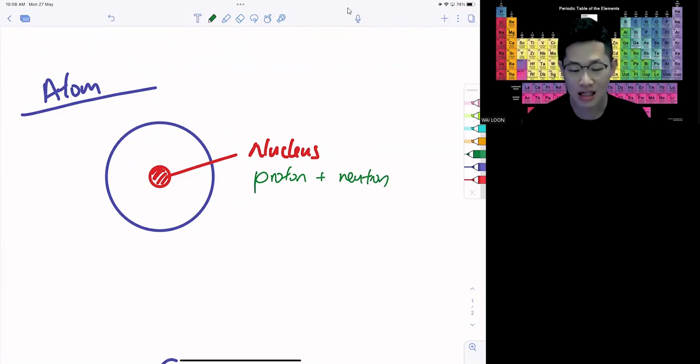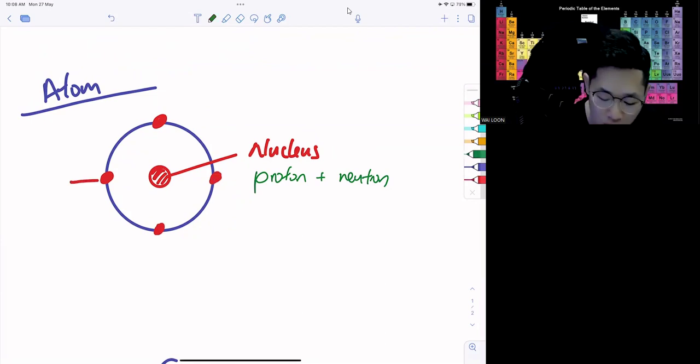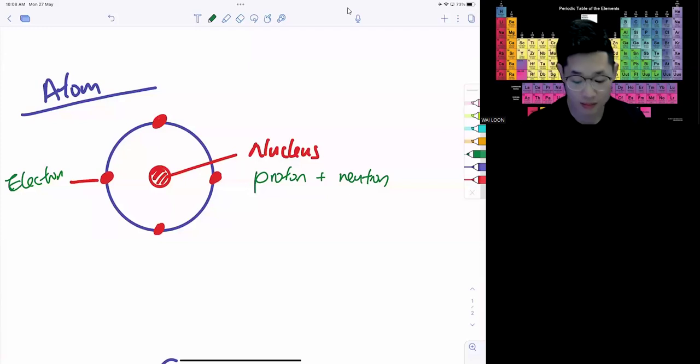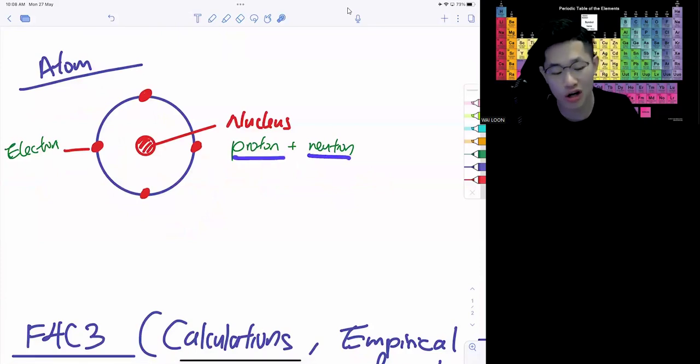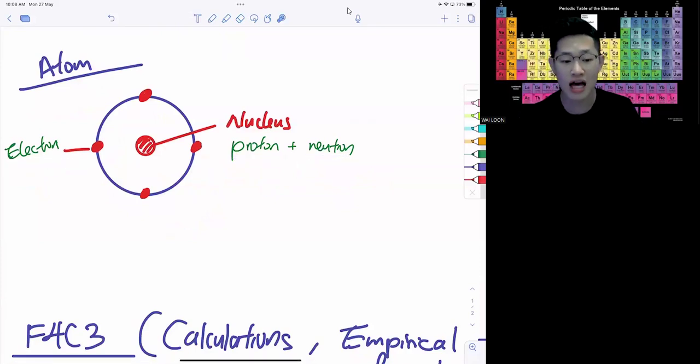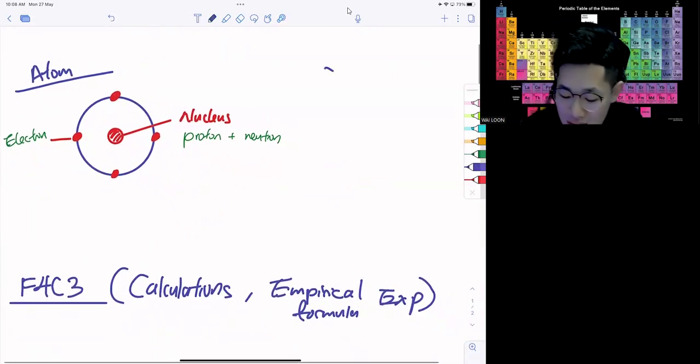And in the shell, we can always find electron. These proton, neutron, and electron are all known as subatomic particles.